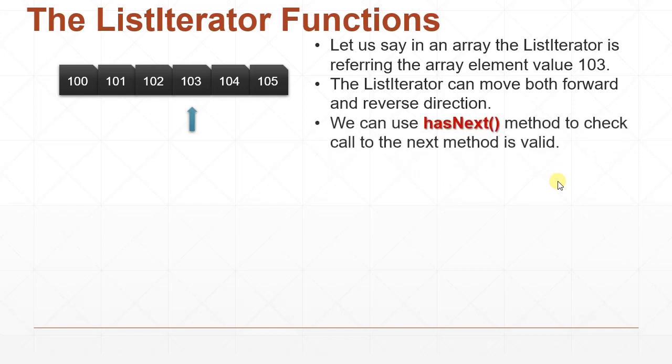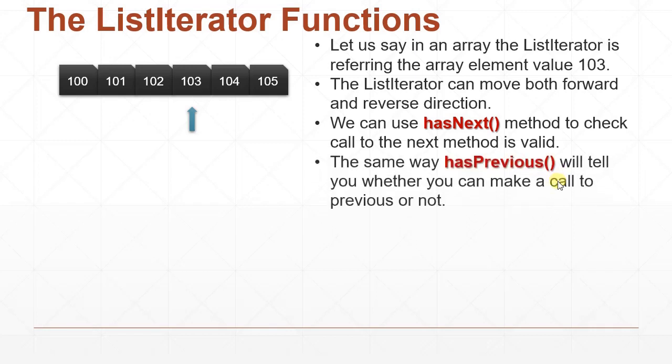So we can use hasNext to check whether a call to the next method is valid. It tells whether we can make a call to method next or not. The same way, hasPrevious will tell whether you can make a call to the previous method or not.